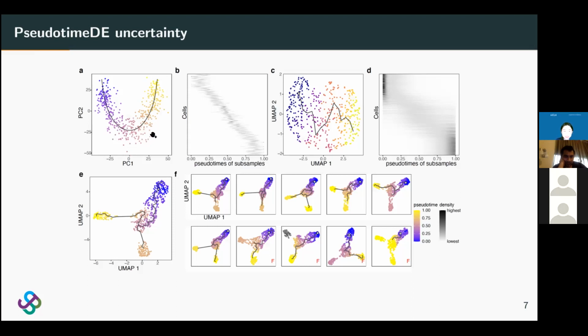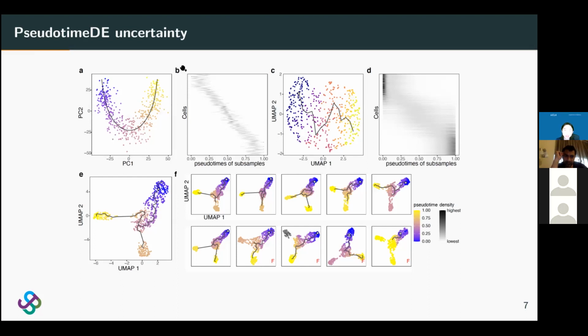What we did is perform subsampling on all cells. In each subsample, we sample without replacement 80% of the cells, and based on that subsample, we apply Slingshot. As a result, every cell will be approximately included in 80% of the subsamples.